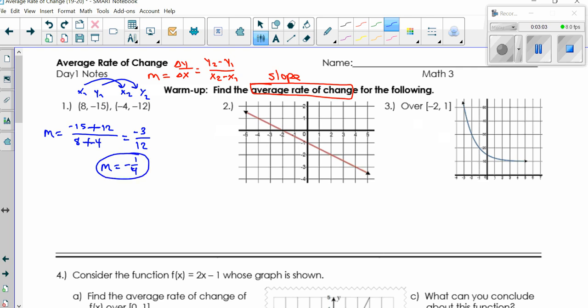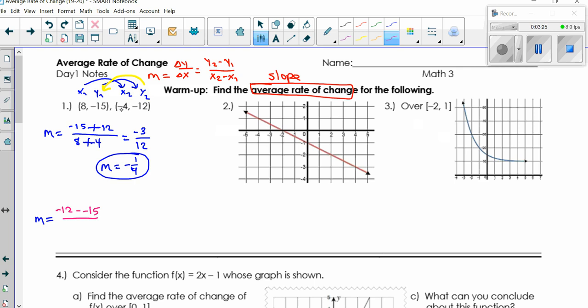So negative 1/4. Okay. And just to show you one time, if I go the other direction, because I know a lot of people are like, well, the formula says y2 minus y1. Let's say that I were to go the other direction and subtract this way. So then I would say negative 12 minus negative 15.